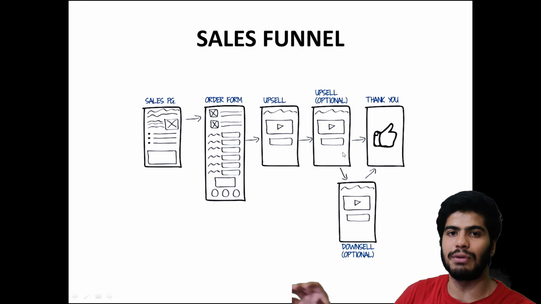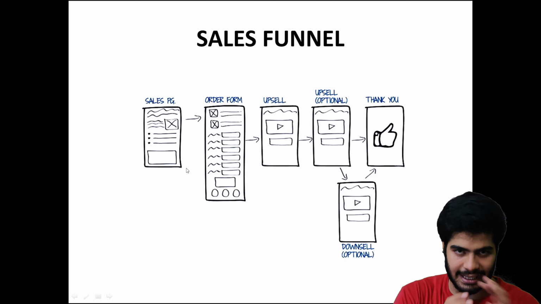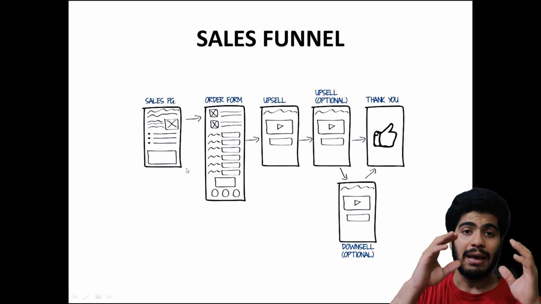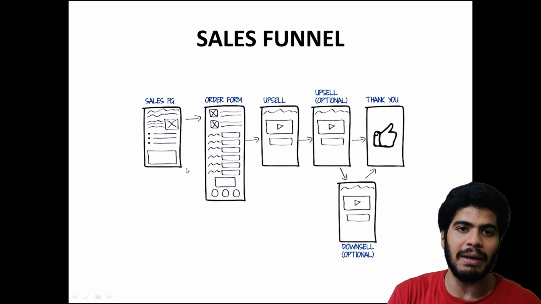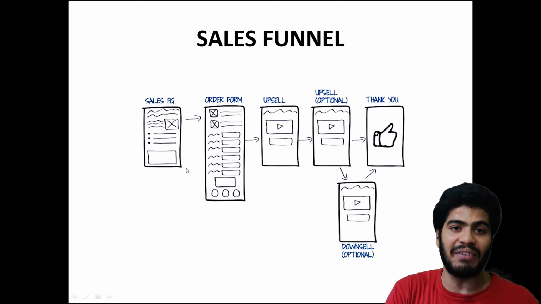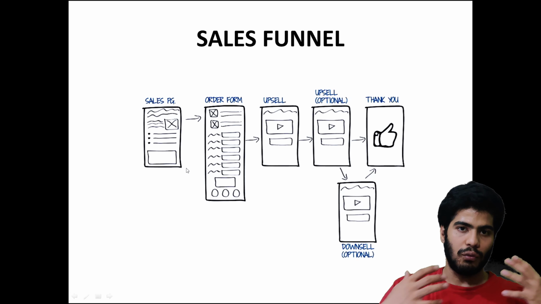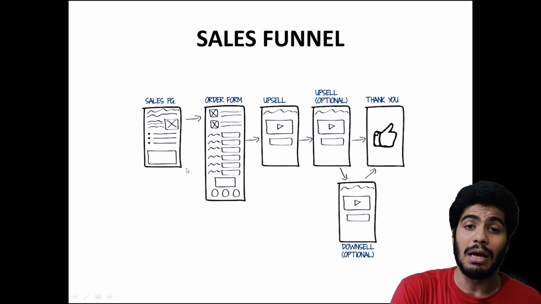This is the whole sales funnel process. First you collect their email. Why are we collecting emails? Because if 100 people are coming to our website and only one of them is buying, 99% of the traffic is going back.